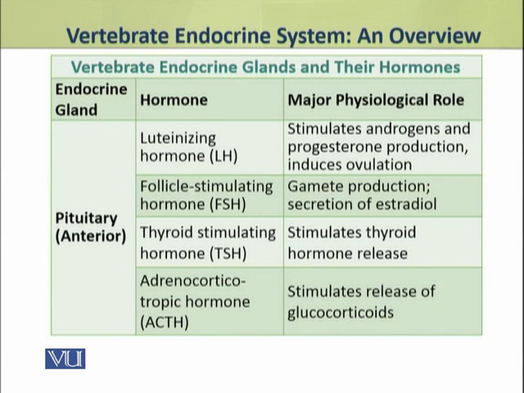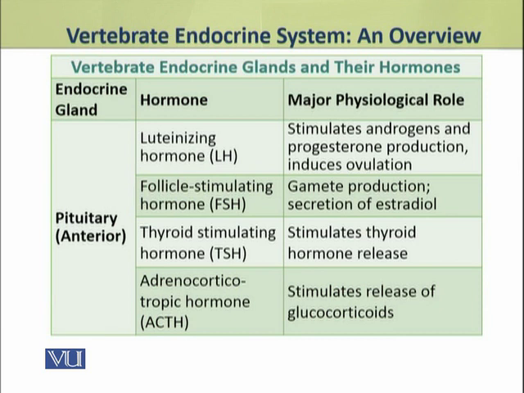The anterior lobe produces 4 tropic hormones. These hormones include the luteinizing hormone, which acts on the gonads, especially the ovaries, and follicle stimulating hormone that also acts on the gonads and causes them to produce the male and female sex hormones.